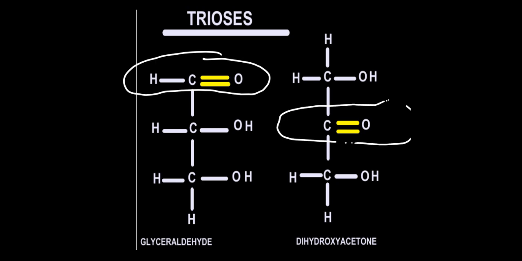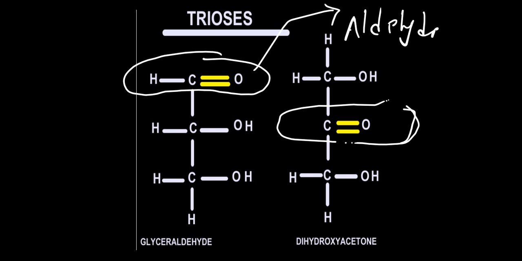When we're talking about functional groups, what did we say when a molecule has a functional group at the end of the molecule? We said that this one is an aldehyde. Then this one will be called the what? A ketone.